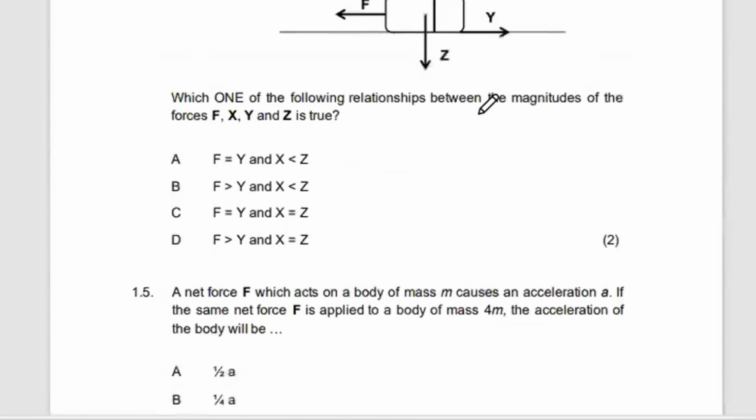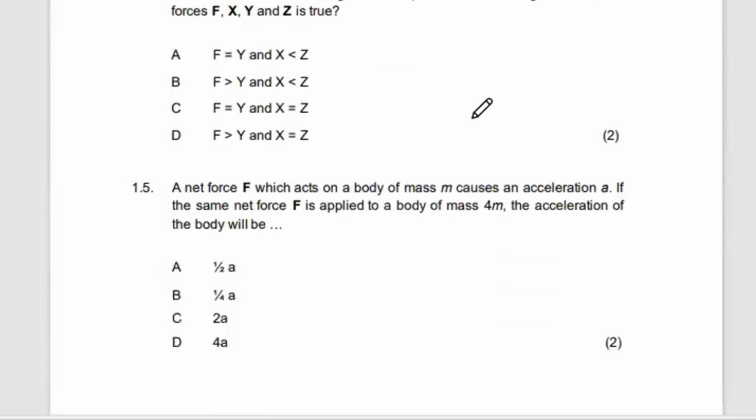Okay, then 1.4, there's a force F that is applied on a block, and the block moves on a rough horizontal surface to the left, as indicated, with constant acceleration. Which of the following relationships between the magnitudes of X, Y, and Z will be true?